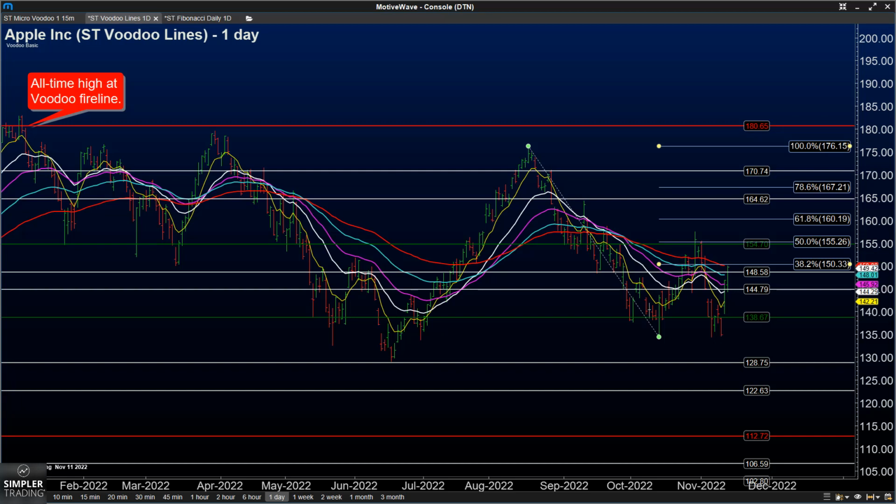We'll go ahead and dig into that when we get into the premium video, but as Apple is a heavily traded and watched name, I did want to cover that here briefly from the Voodoo roadmaps perspective. I think it adds a lot to our Fibonacci analysis. We, of course, will see what happens next week when we see the next trades here, and I will see you at the next update.